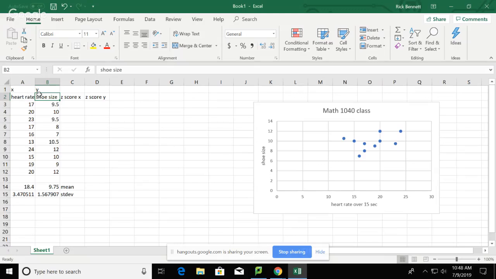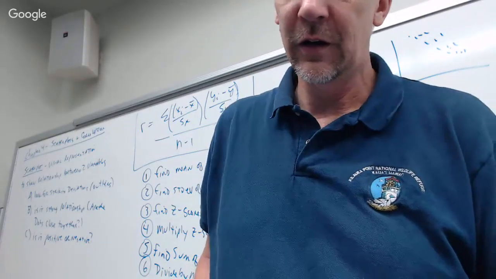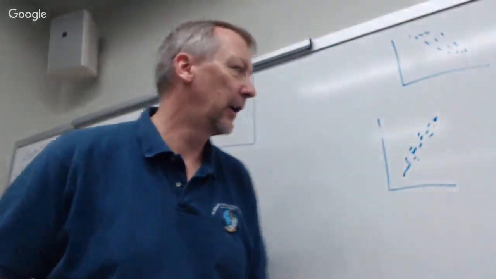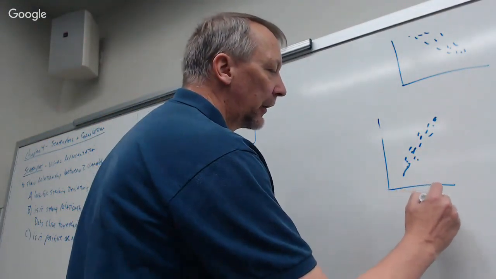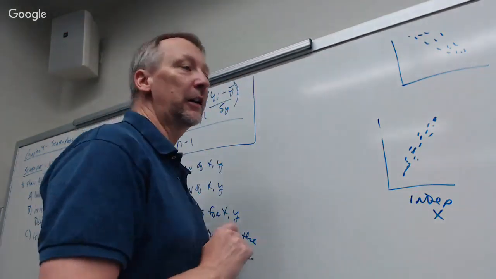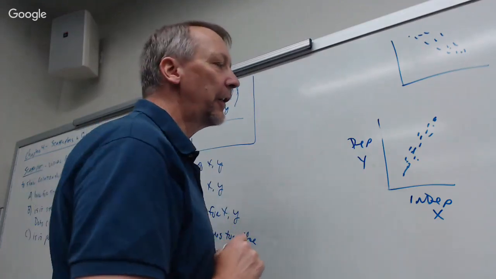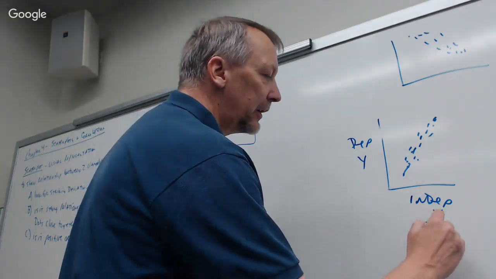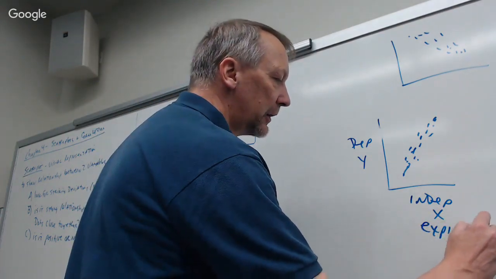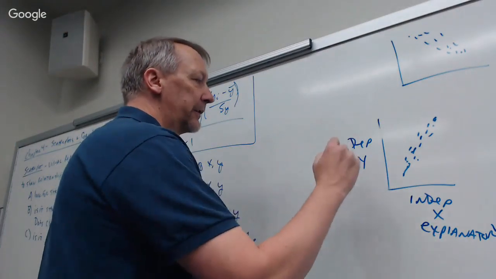Now, one other thing that I should mention really quickly, this book makes a bigger deal about it than I do, but when you are doing your scatter plot, usually you put the independent or the x variable here, and you put the dependent or the y variable here. Another word for that is the explanatory variable and the response variable.